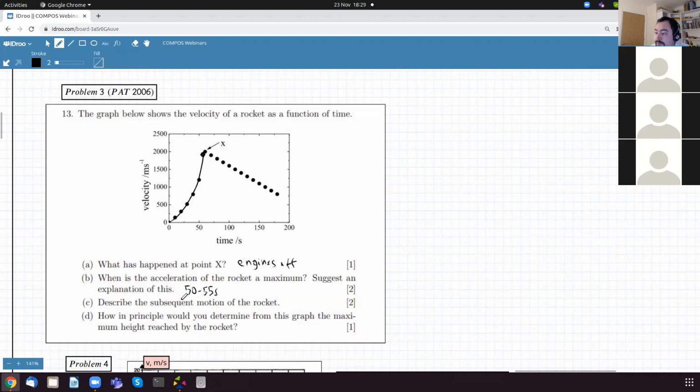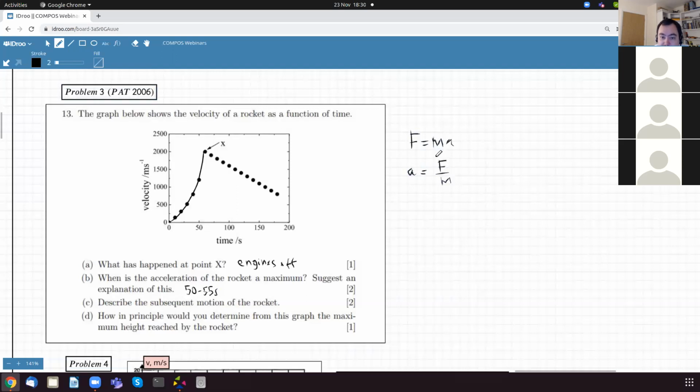Now, a reason. Why is it maximum at this point? Exactly, very good. Because F equals ma, and acceleration is F divided by m.